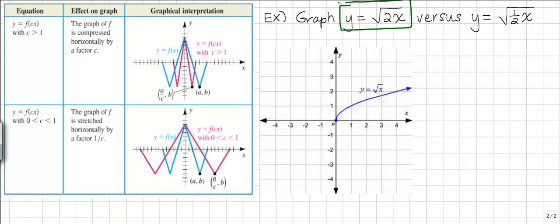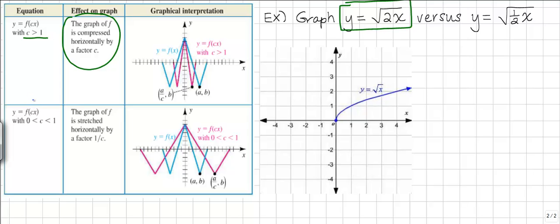So 2x replaces x. That is the interpretation of a horizontal compression. You'll see in a minute why this looks visually like a compression.